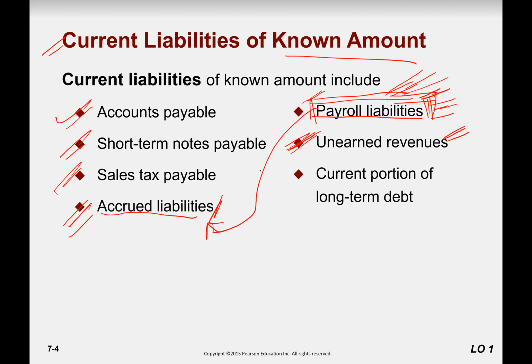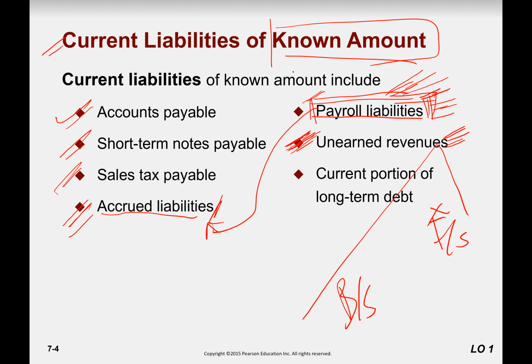Your goods are still in your godown, still in your possession, still in your stock, and you receive cash in advance. Because you now need to deliver the services, we create unearned liabilities. So this is not sales. This will not go to the income statement. Rather, it will go to the balance sheet under current liabilities, specifically current liabilities with known amounts.